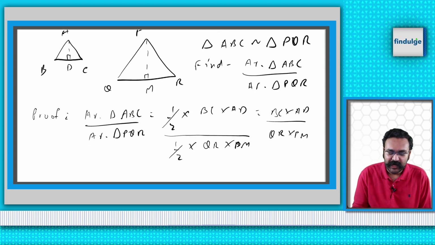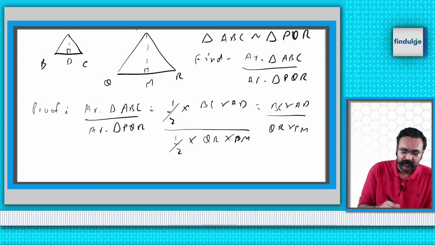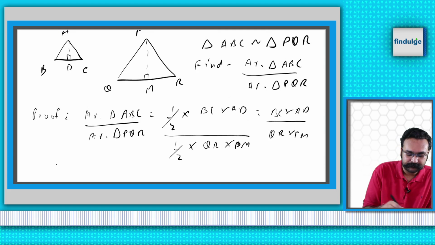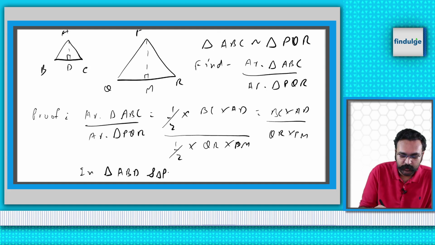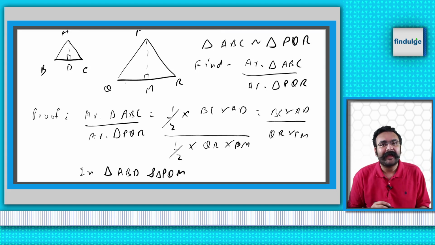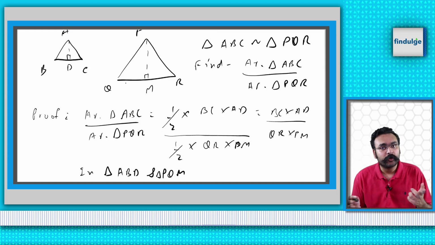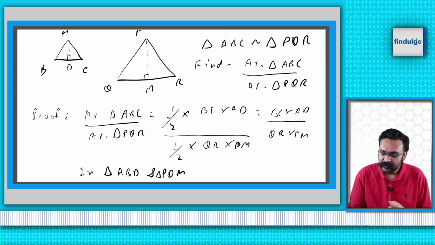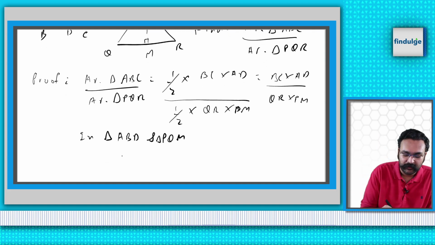If I consider triangle ABD and triangle PQM, angle B will be equal to angle Q, because ABC is similar to PQR, so their corresponding angles will be equal.